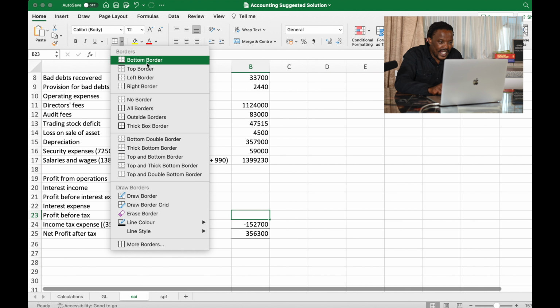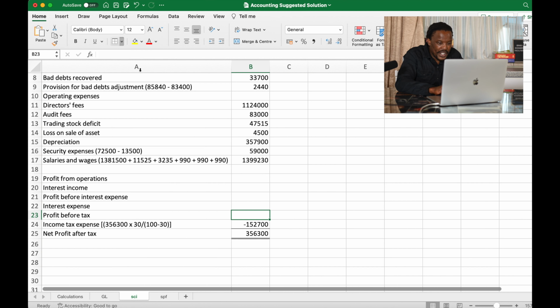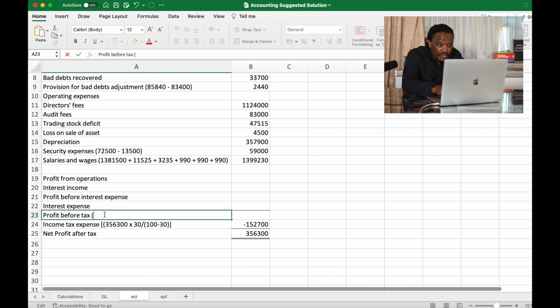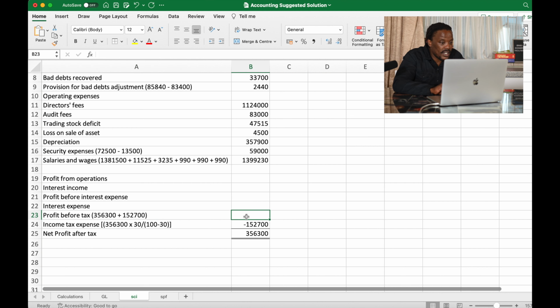Now, it tells you again that if this is given and this is given, you have to be as quick as possible. You are like, okay, now I have the profit after tax, which is 356,300. I have the income tax expense, which is 152,700. So these together must give me this.